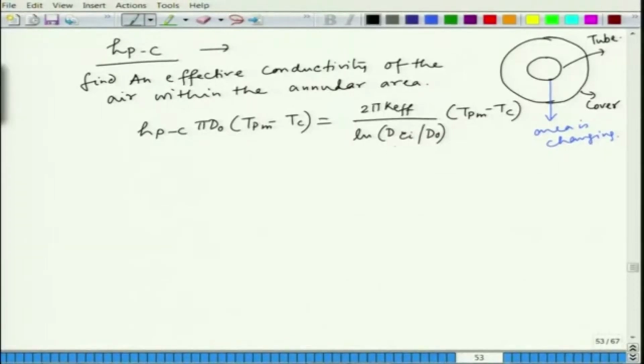Particularly this natural log comes because of the change in area. Okay. And here you see that we have used this effective conductivity.